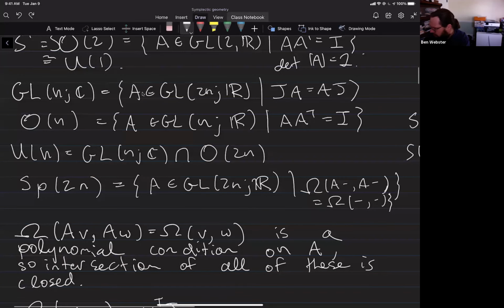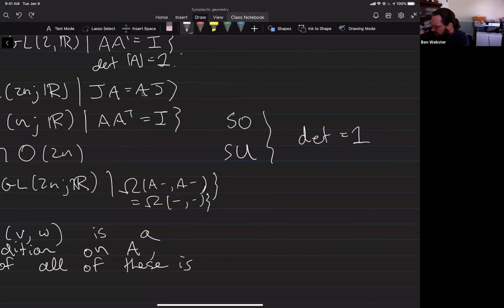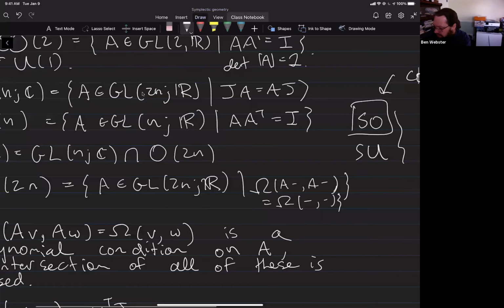And let me note, both the orthogonal and the unitaries have a subgroup that maybe people consider a bit more often, the SO and SU, which is where you require the determinant to be 1. One reason that SO is often considered is that it is connected. It's a connected topological space.